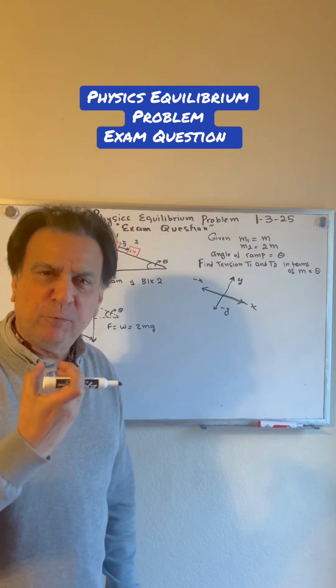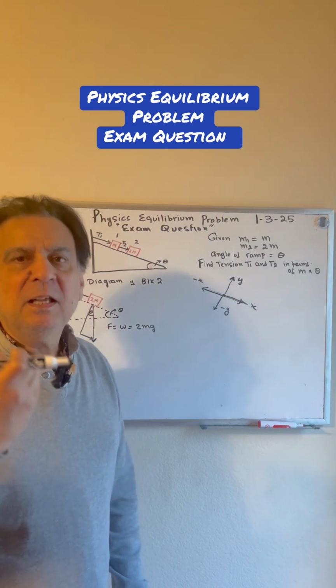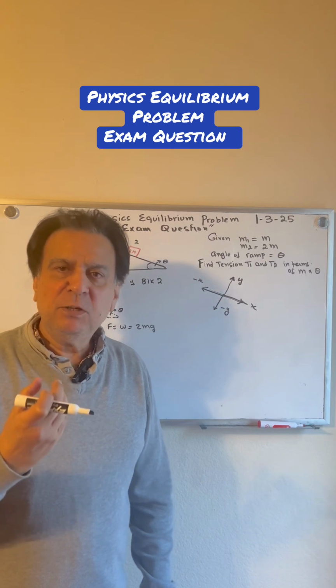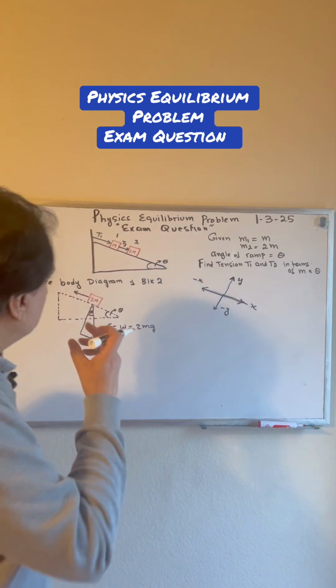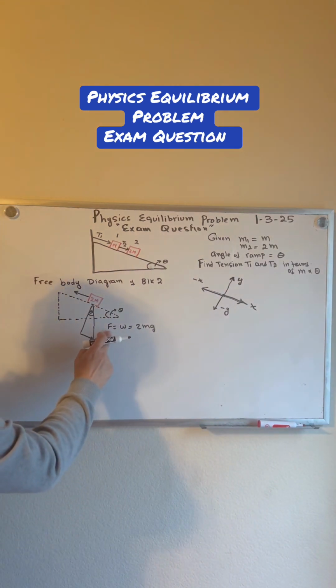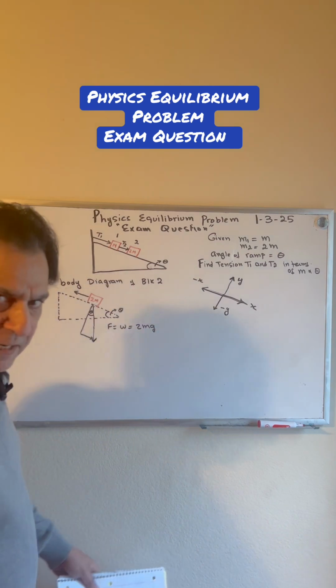Now what is that force? It's gravity, it's the weight, right? And what is weight? Weight is equal to mass times gravity, but in this particular case the mass is 2m. So then I can write force is equal to weight is equal to 2mg, correct?